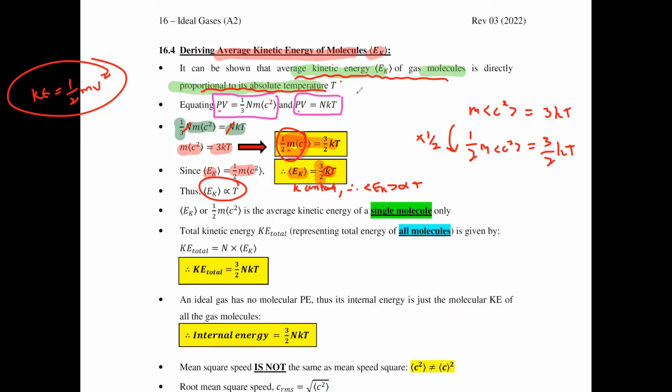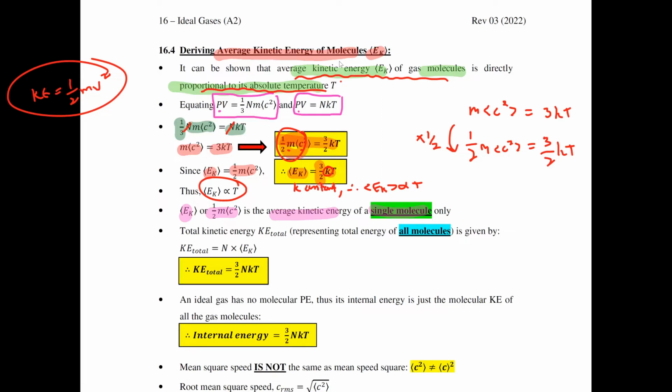All right. Okay, there's something here that you would need to know. The EK or half mc squared here is the average kinetic energy of a single molecule only. Okay, the value is for one molecule only. Okay, what do I mean by that? It will be easier if I give you an example with masses.